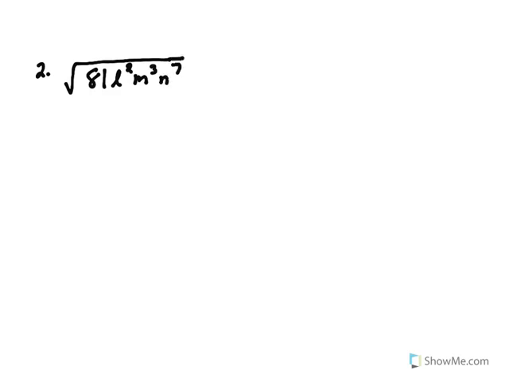All right? And what is that asking you to do? Well, it's asking you to take the square root of 81 times the square root of L squared times the square root of m to the 3rd power times the square root of n to the 7th power. That's what it's asking you to do.